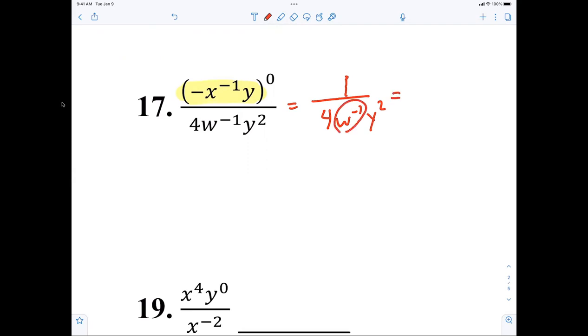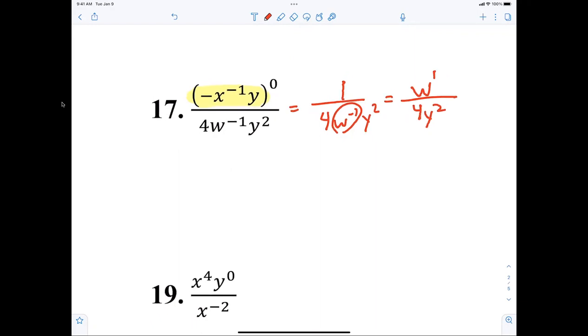So what does that become? That becomes 1 times w, right? And then it's 4y squared. Yes, that's all there is to it, guys. That's it. All right. That's all there was. Anything that has a negative exponent must be moved.